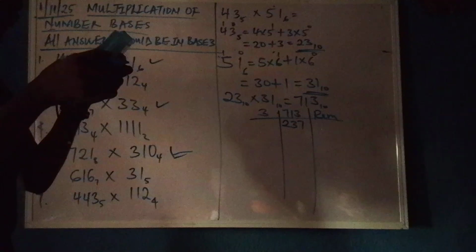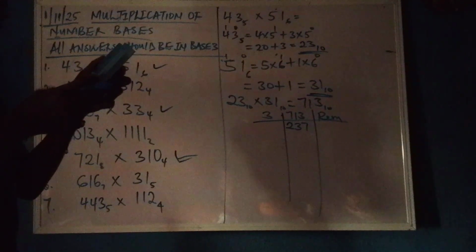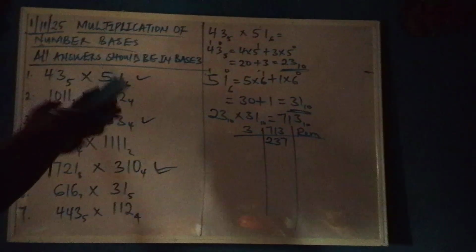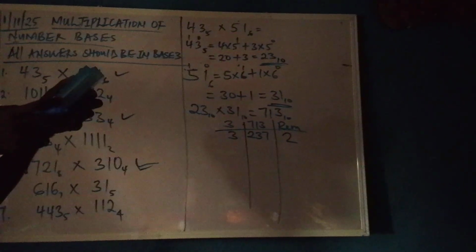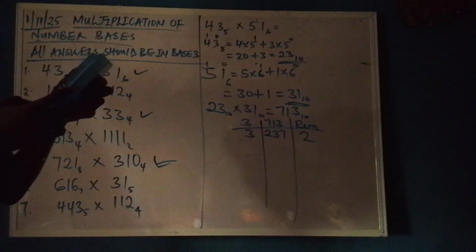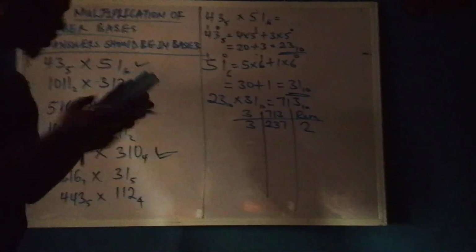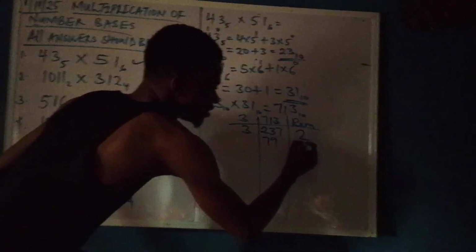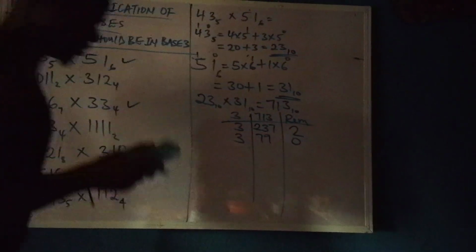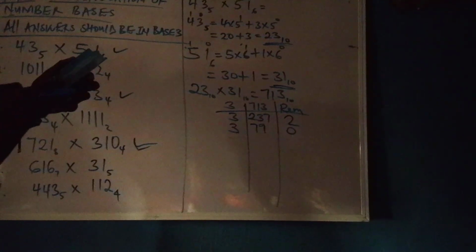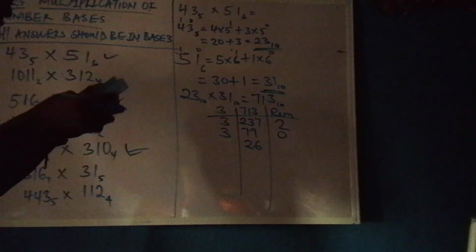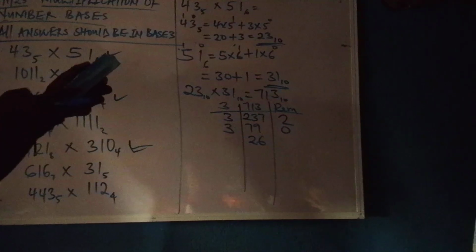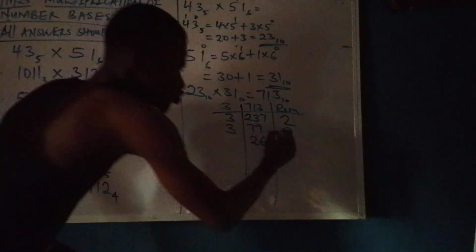713 divided by 3 would give 237, remainder 2. Then we divide again by 3. 237 divided by 3 will give us 79, remainder 0. So 3 again. 79 divided by 3 would give us 26, remainder 2.